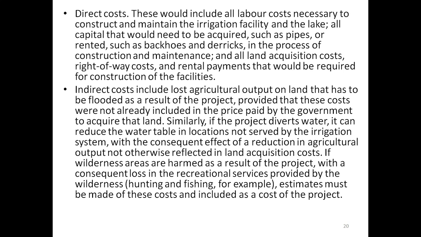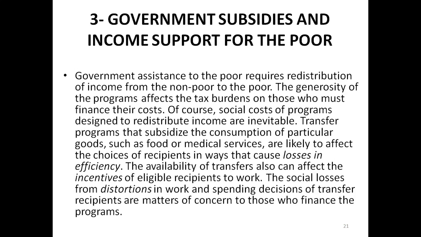If wilderness areas are harmed as a result of the project, with consequent losses in recreational services provided by the wilderness, such as hunting and fishing, for example, estimates must be made of those costs and included as costs of the project.